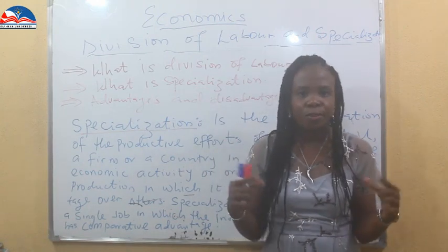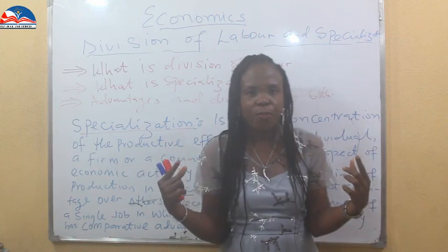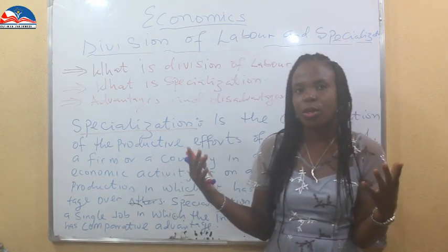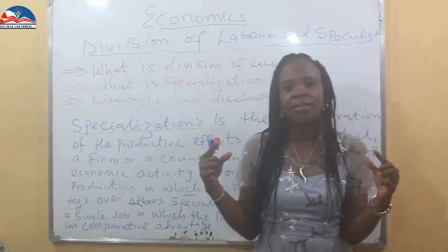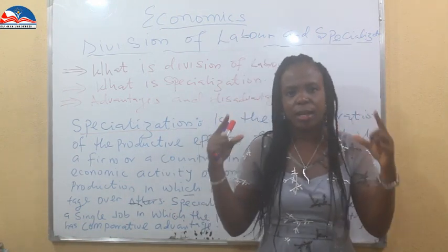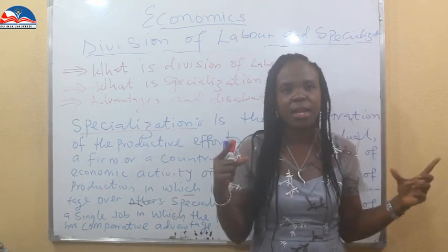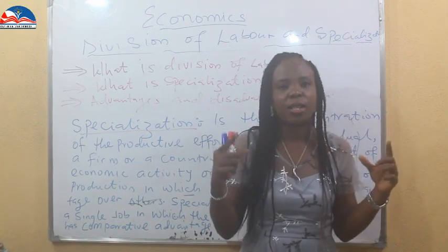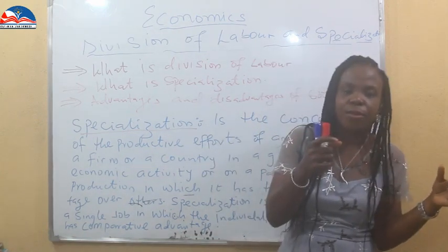Then for a firm that can produce different products, but their comparative advantage is in a particular product. Let's take, for example, rice milling and corn milling. And you know that you are more efficient in rice milling.